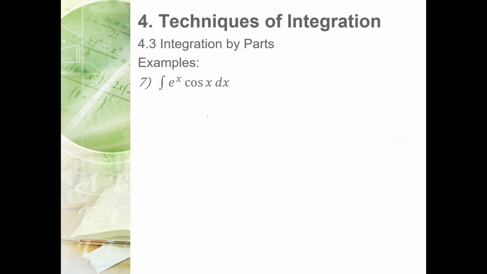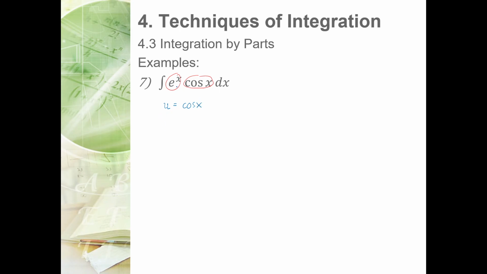Okay, so let's go to example number 7. We have here exponential against trigonometric. So again, to start off, we try to get the u first. We have it as cosine x.